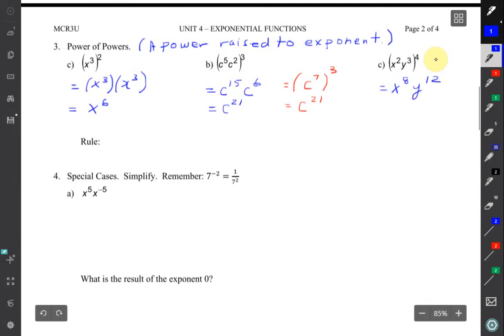And so that's simplified. So the rule for power raised to an exponent is to multiply the powers. Multiply the exponents, I should say.